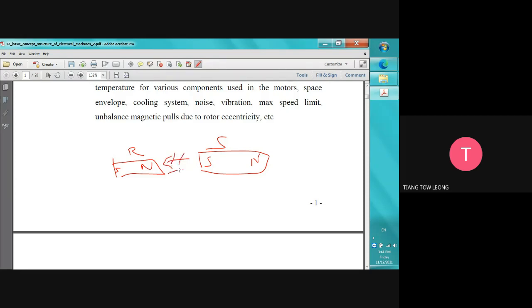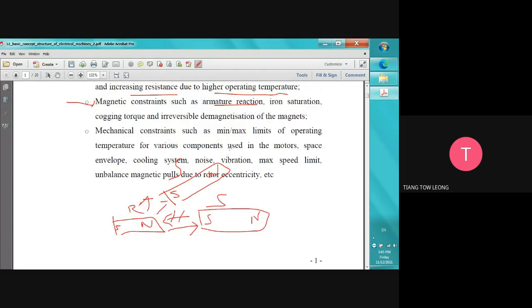For example, I put the north and the south here, north here. So this is a stator field, and I want to attract it, so this is attracted, right? So this will move to the top. Okay, and then what is armature reaction? Armature reaction is the reaction due to the armature winding.